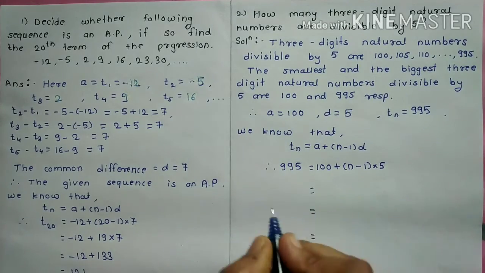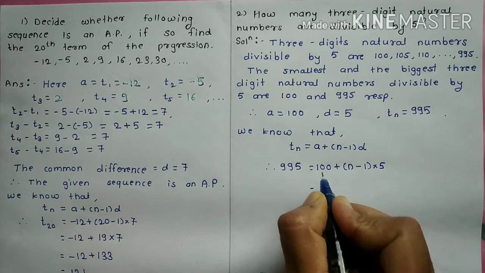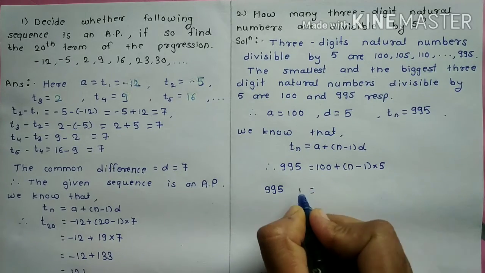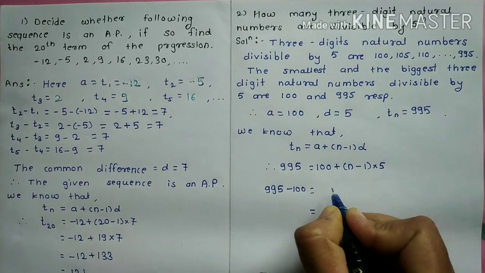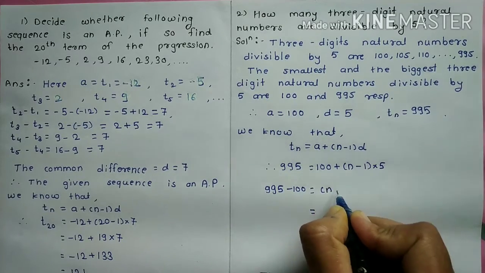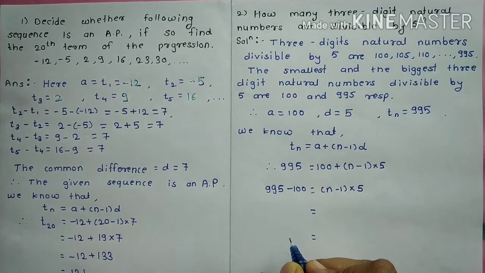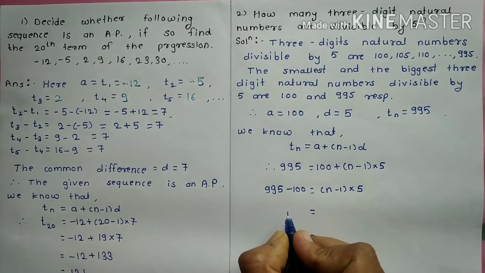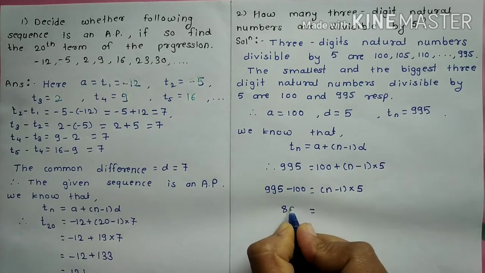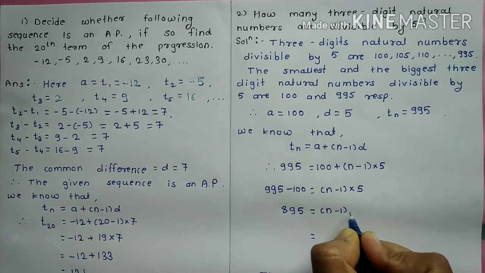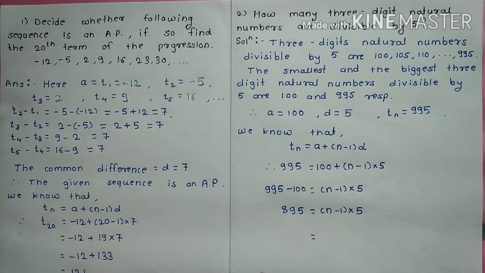Now simplify this. 995 minus 100 equal to n minus 1 into 5. 995 minus 100 is equal to 895, equal to n minus 1 into 5.